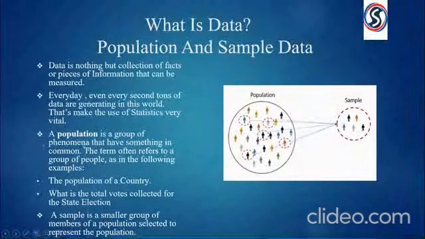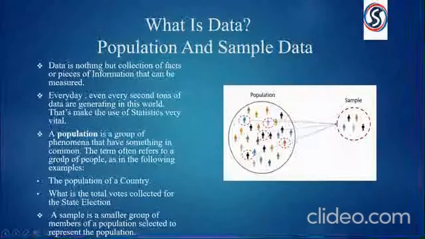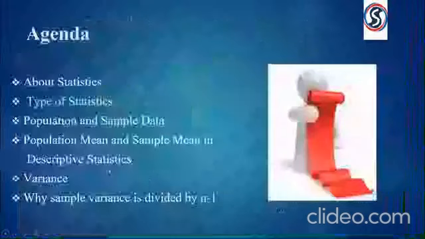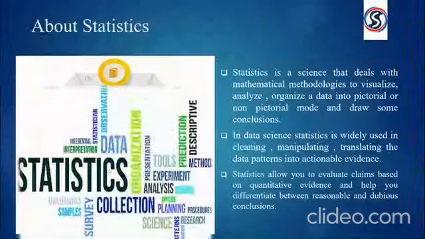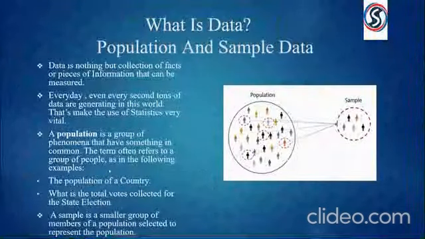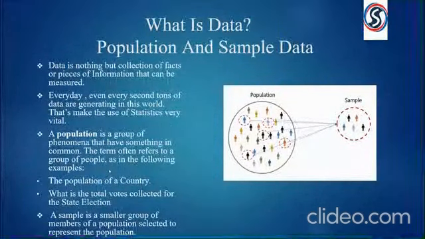Okay, so here let us see the definition. A population is a group of phenomena that have something in common. The term often refers to a group of people, as in the following example, the population of a country. For example, it is the total votes collected for the state election, that I have already told you.